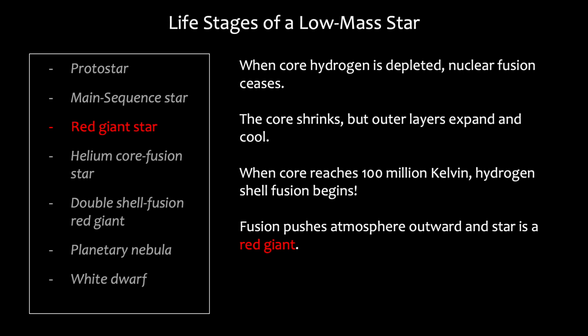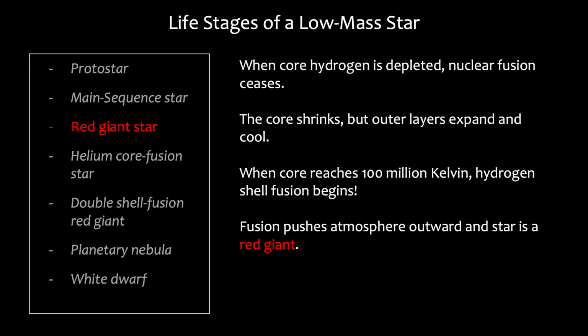Now, strangely enough, the outer layers will expand and cool. The star actually becomes bigger. This is because just outside the collapsing helium ash core, the surrounding shell of hydrogen is now hot enough for hydrogen to fuse.